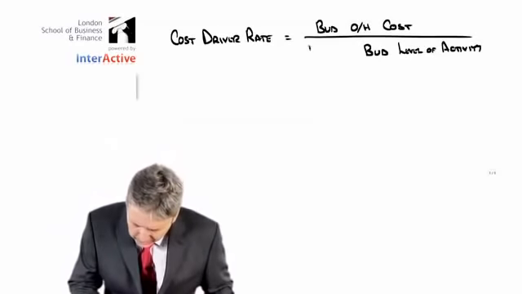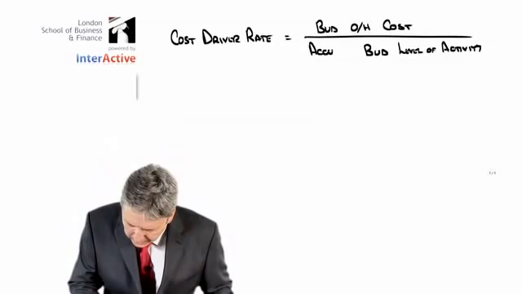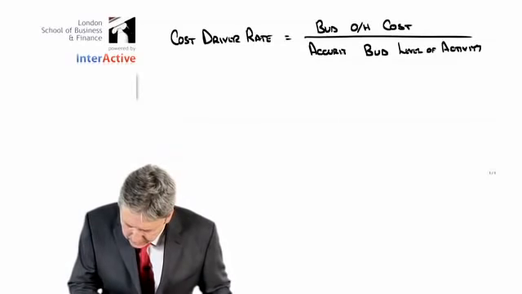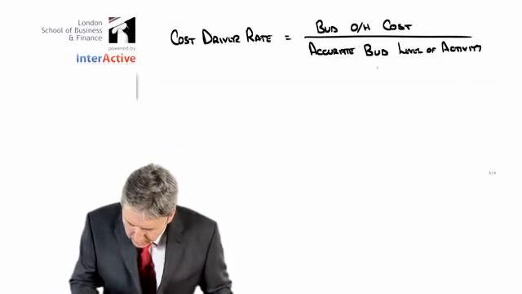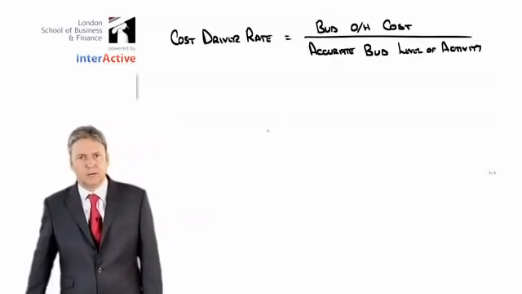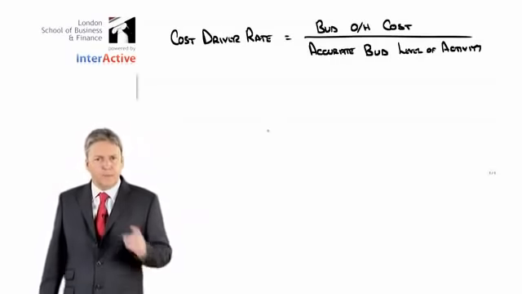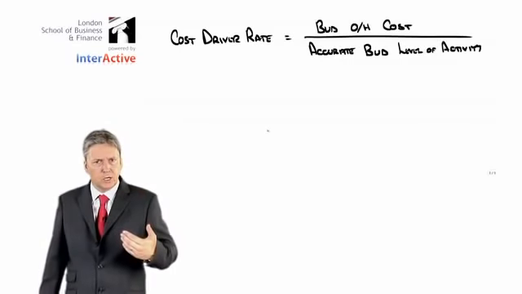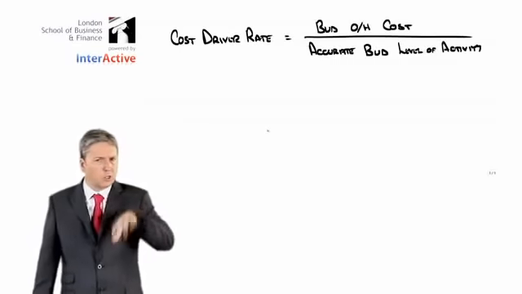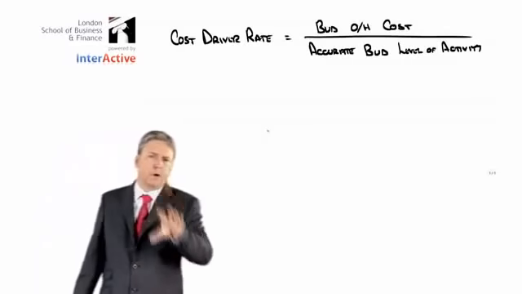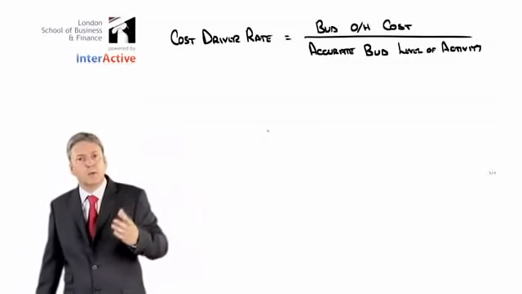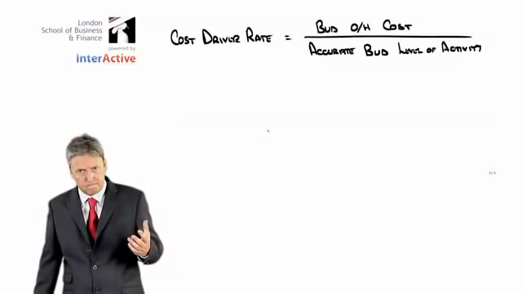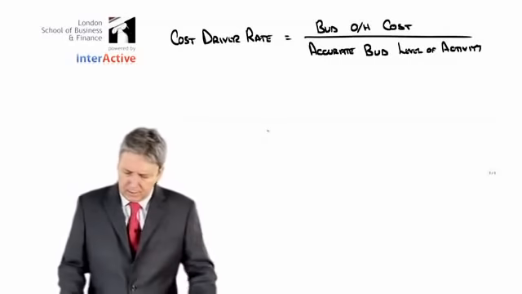The only thing I would say is that when we're looking at cost driver rates, we want the accurate budgeted level of activity. But this is the way I want you to think about how you do your computations. It's too easy to focus on differences. I want you to focus on the fact that you're doing same old, same old. So, how does this work?